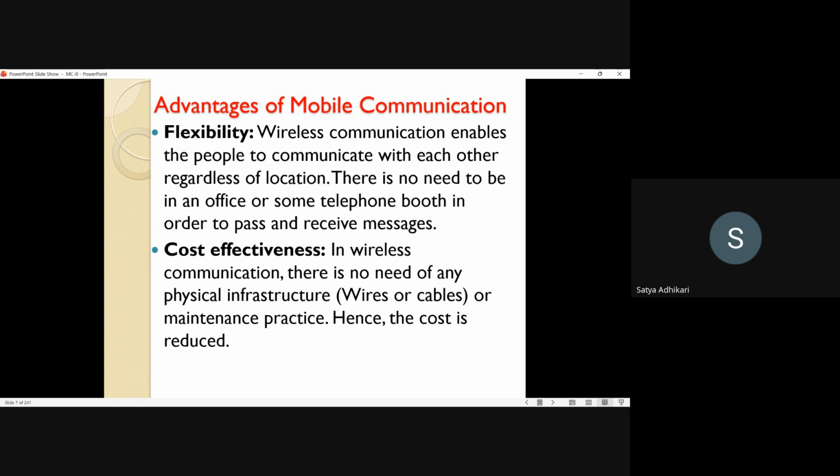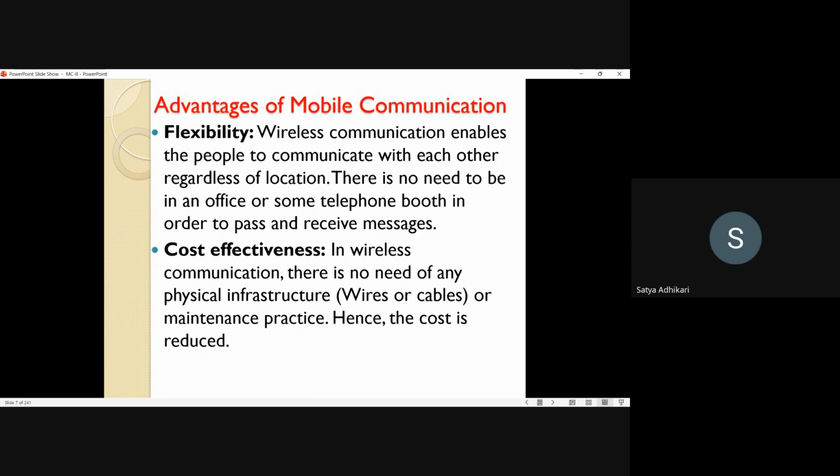There is no disconnection. There is no need to be in an office or some telephone booth in order to pass and receive messages. Unlike a physical connection, you need not stay in one place for communication. You can move from one place to another and continue your communication.